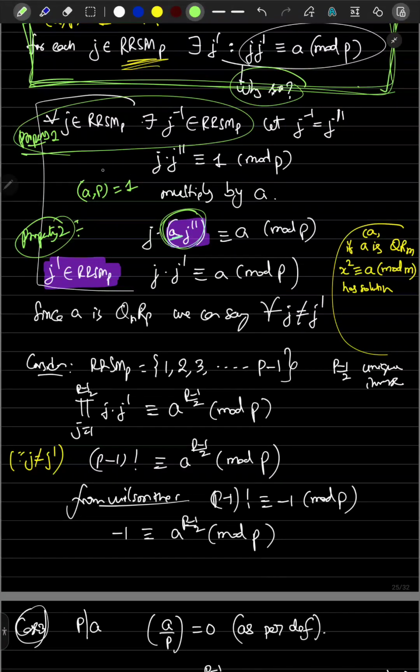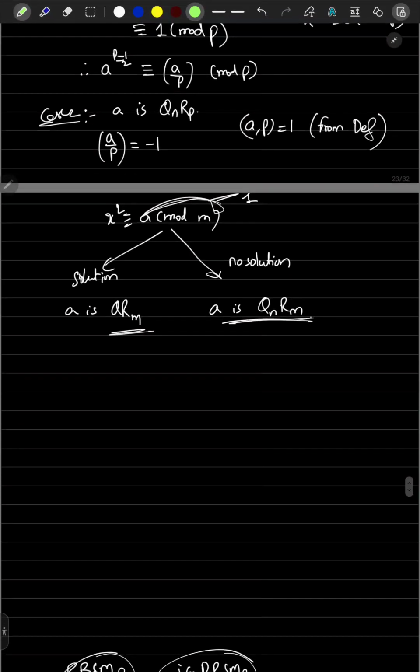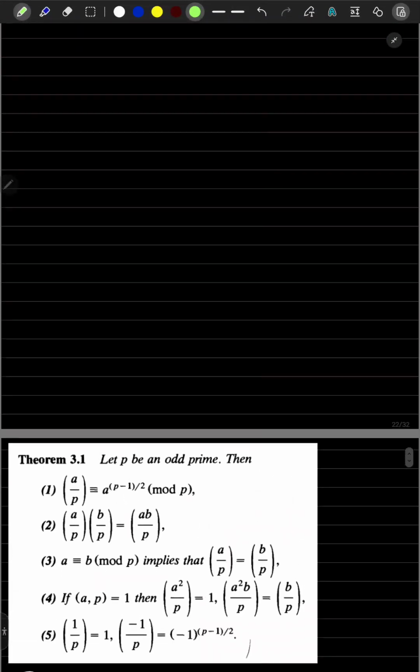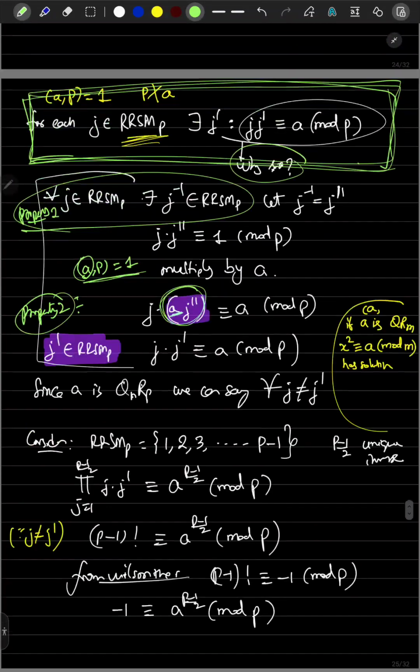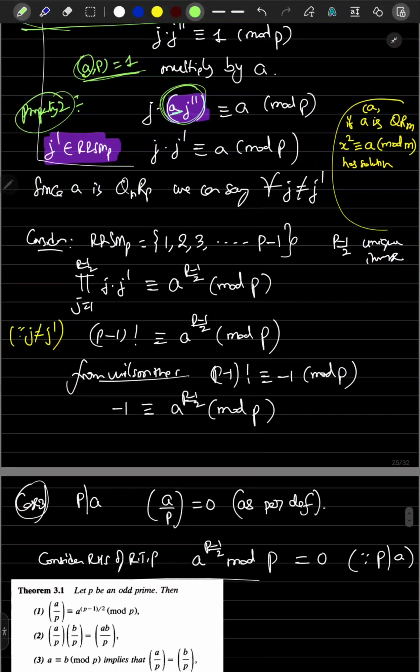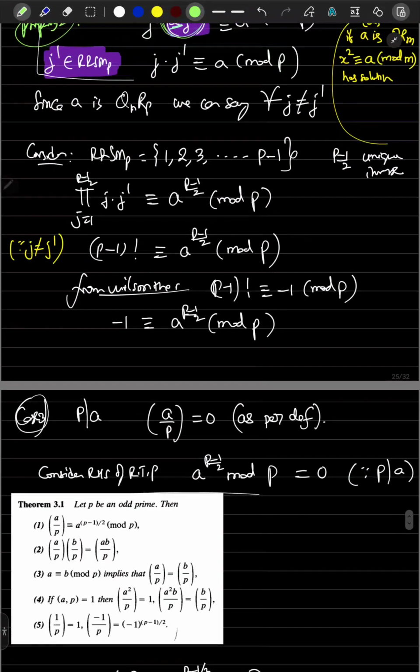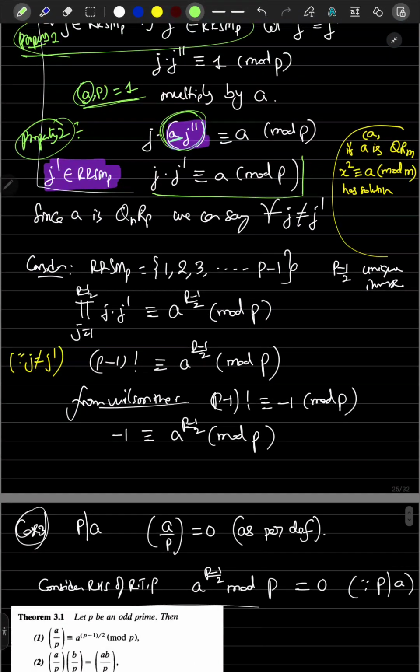Because P is a prime number, and in our default case, what I assumed at the beginning is that P doesn't divide a, so I can conclude that GCD of P comma a equals 1 for P a prime number. These are small things you have to recollect and remember, like no one will tell. So finally we have concluded that j into j dash is congruent to a mod P.